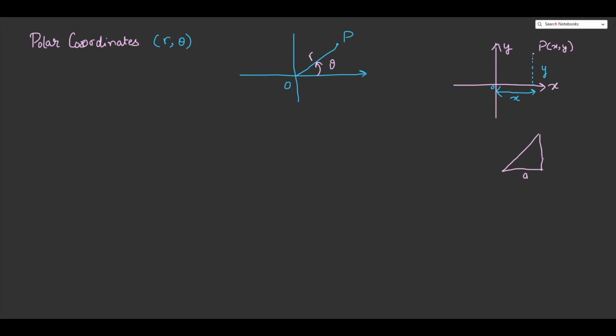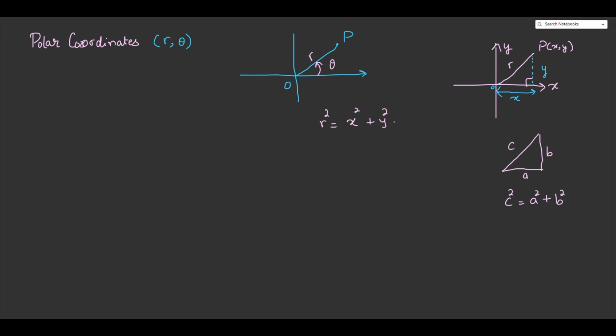Here we have A, this is B, and this is C. From the Pythagoras theorem, C square is equal to A square plus B square. So if we join this point P with the origin, and this is denoted by r, then from this right angle triangle we are going to get the following condition: r square is equal to x square plus y square.